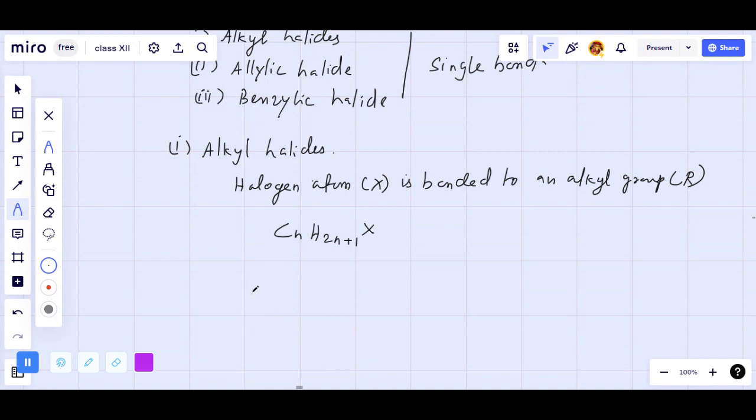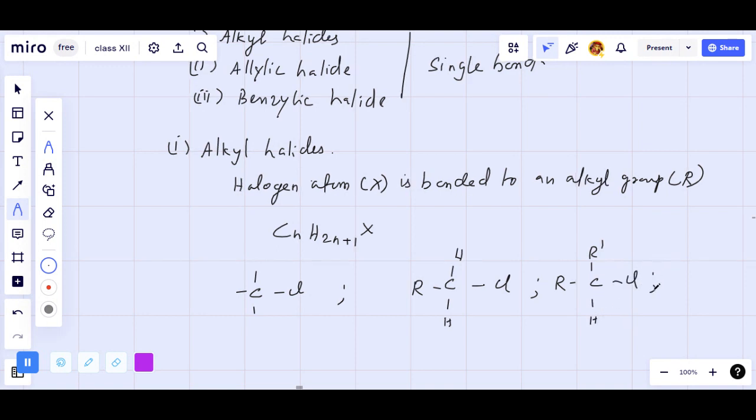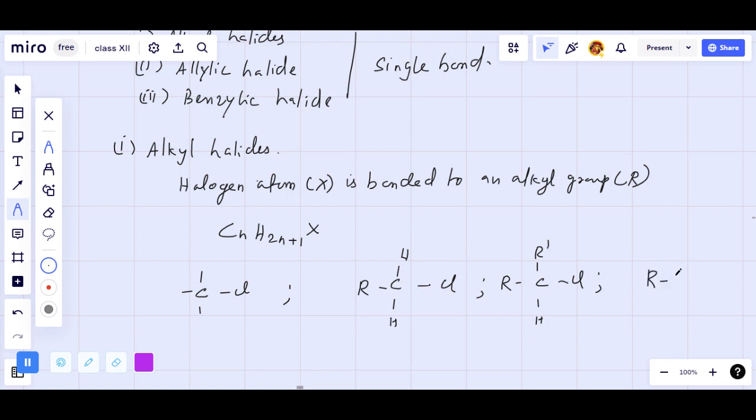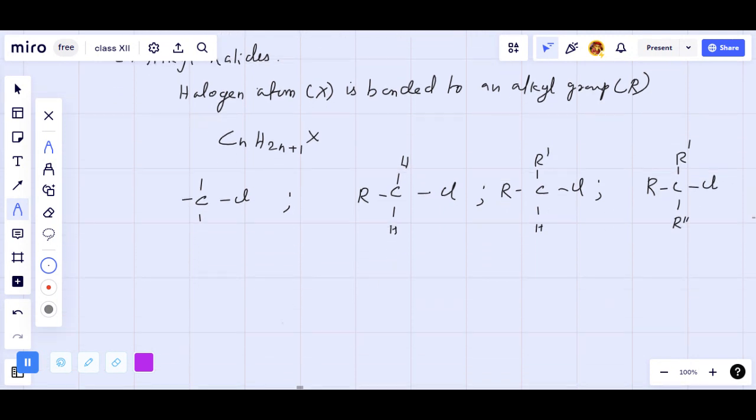Suppose you take compounds like these. Yes, we can easily classify them as primary, secondary, and tertiary.